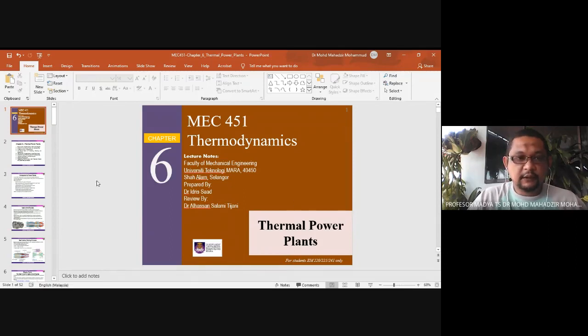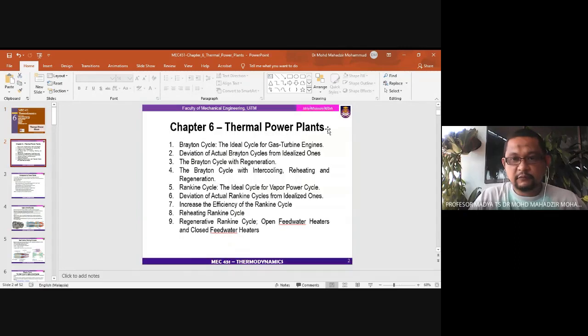What will be covered in this chapter is basically you will learn about gas turbine engine and also the gas vapor power cycle, that means based on the Rankine cycle.